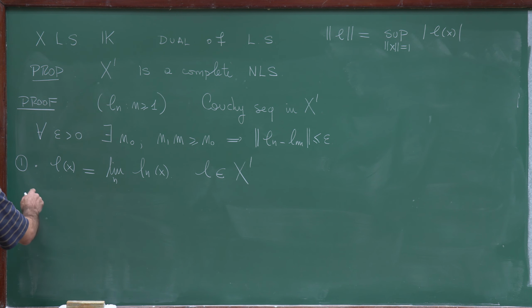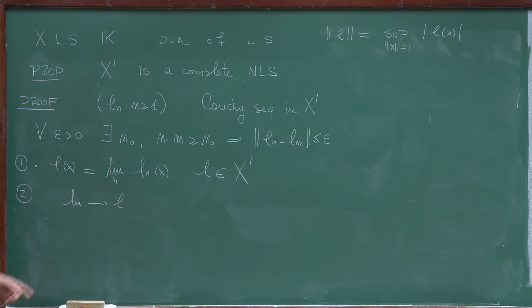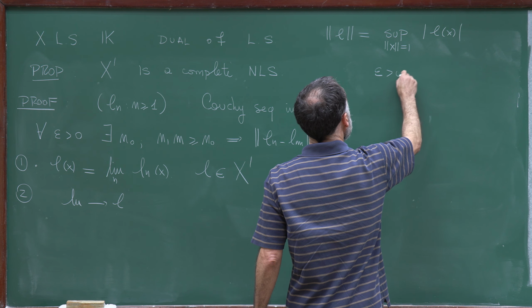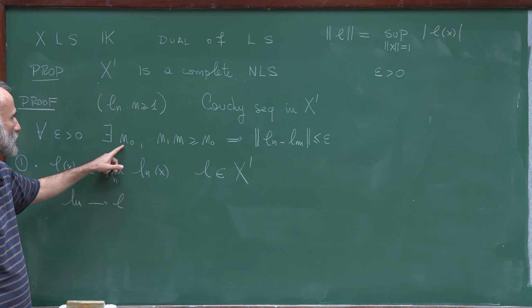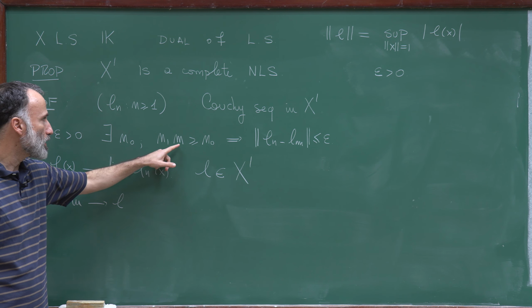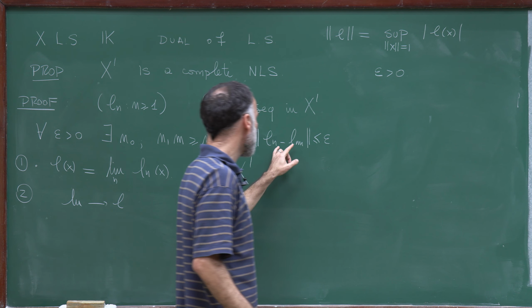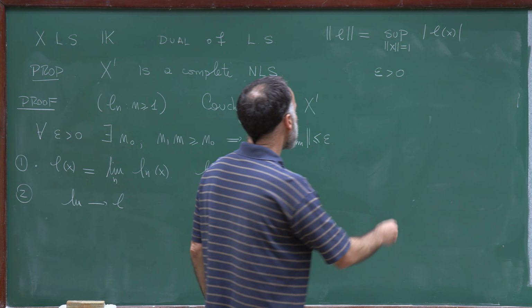Now I want to prove, in the second step, that Ln converges to L in the norm. So fix epsilon positive. Now, with that fixed epsilon, you know that there exists an n0 for which n and m larger than n0 imply that the norm of Ln minus Lm is bounded by epsilon.